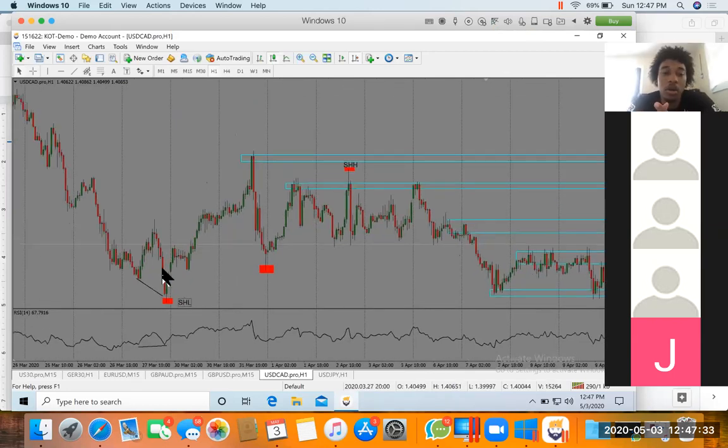W, 1 confirmation. Divergence, 2nd confirmation. Stop hunt low, 3rd confirmation. You enter. You catch that all the way up. And I don't have it dragged back, but this one goes all the way back, and it's at an H4 zone. That's 4 confirmations. You catch that all the way up here, 300, 400 pips, easy.